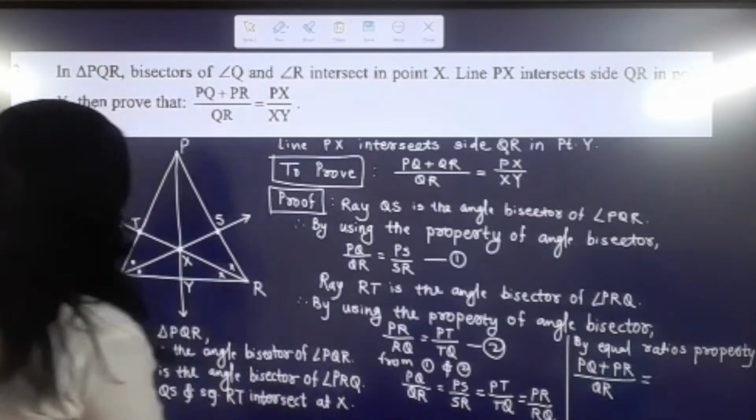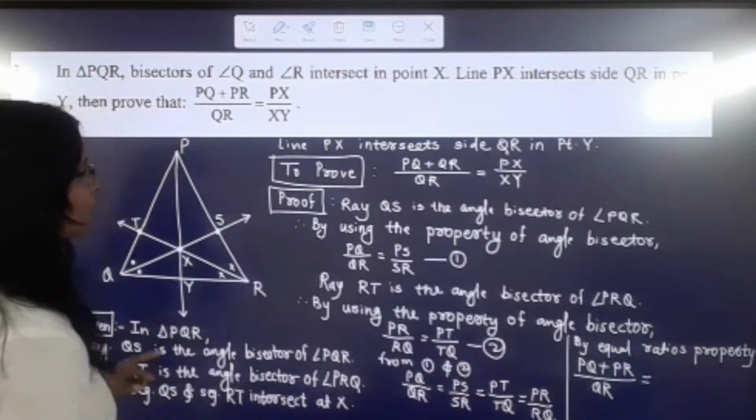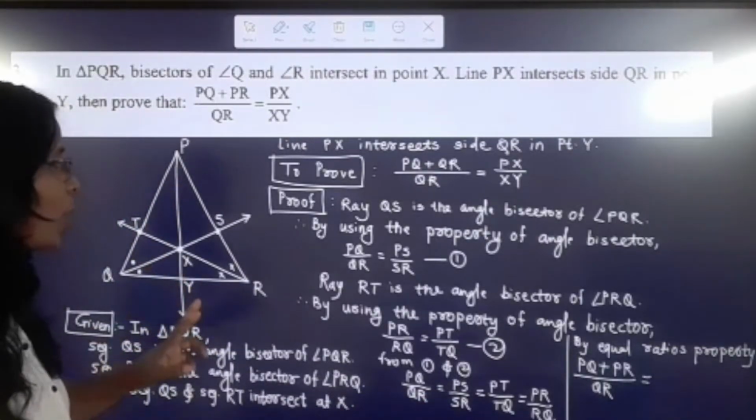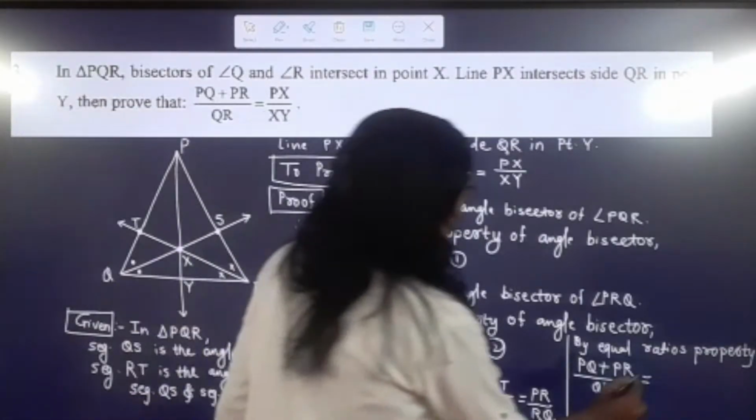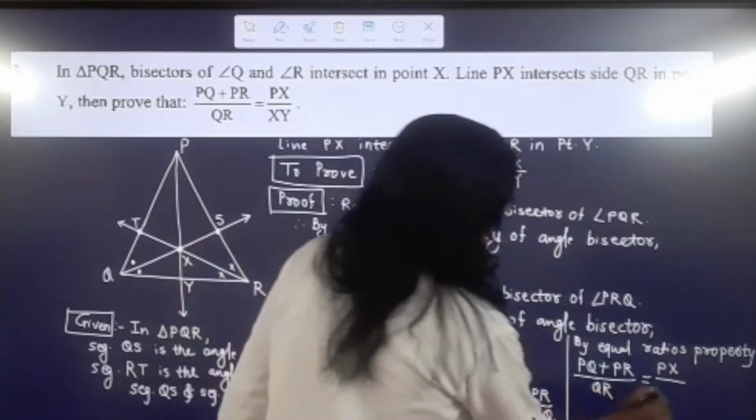So instead of Ps upon Sr, we can write down the Px upon xy.